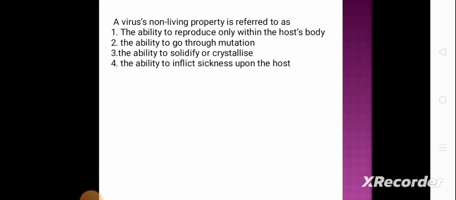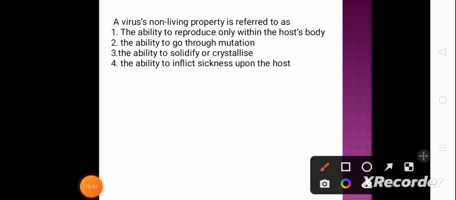Next question. A virus's non-living property is referred to as: option 1, the ability to reproduce only within the host's body; option 2, the ability to go through mutation; option 3, the ability to solidify or crystallize; option 4, the ability to inflict sickness upon the host. The ability to reproduce only within the host body is a living property.